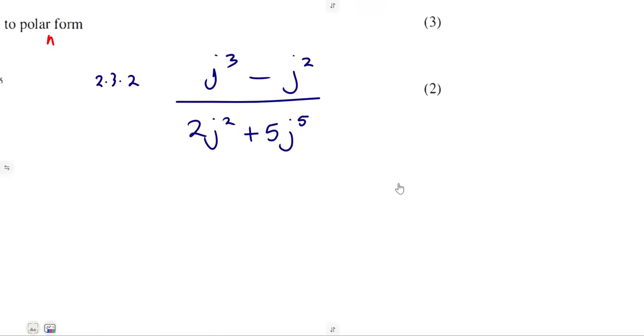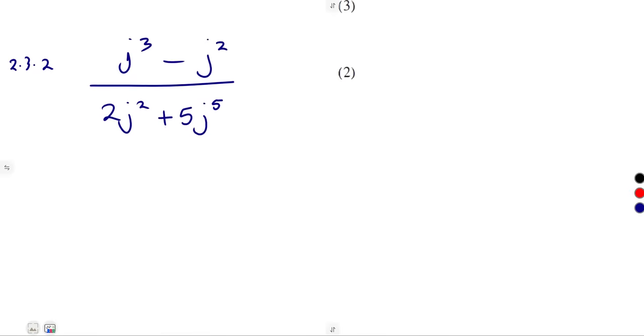It's a straightforward question if you understand that j squared is equivalent to minus 1 from our complex numbers. This is a basic thing that you must know. j squared is negative 1.